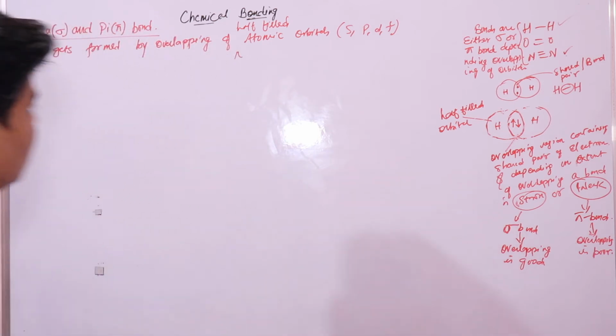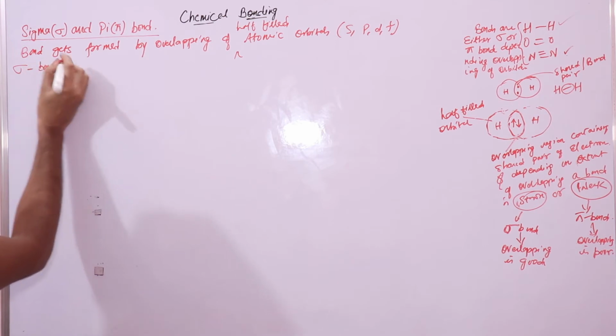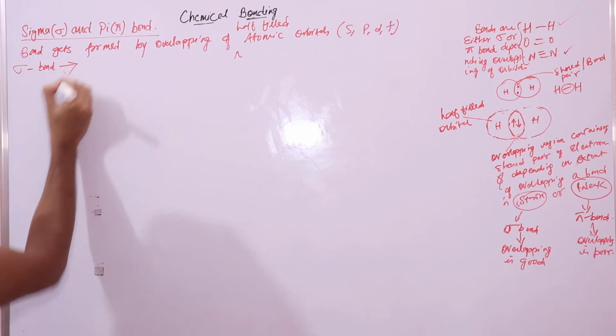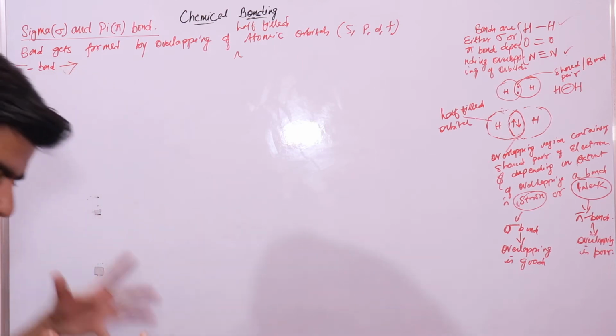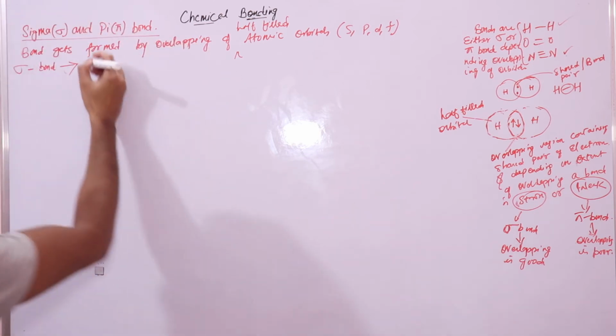So let's look at the case of sigma bond. In case of sigma bond, the overlapping of orbitals should be along the internuclear axis, right?